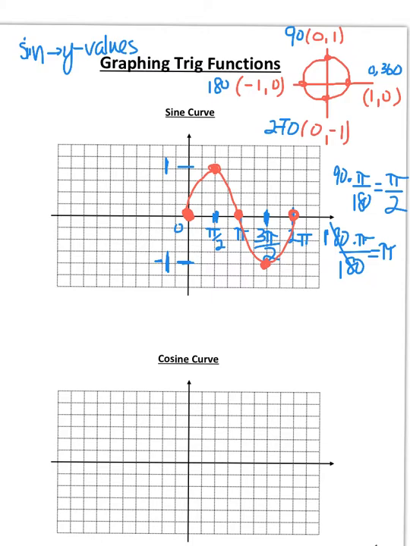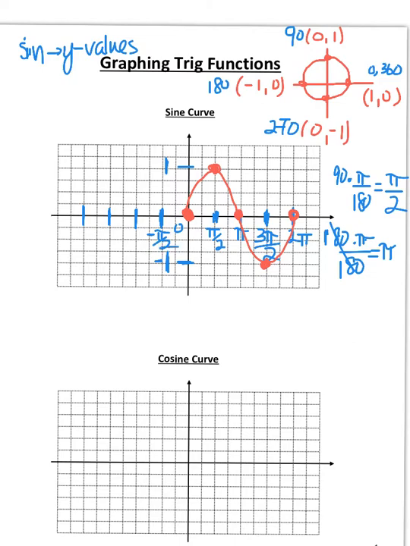But I want you to put this in your notes, do the same thing that we did on the right side of the y-axis, and let's repeat this on the left. Every other box, put a slash. Now, basically, we're just going to be going in the negative direction. So if going to the right two boxes from 0 is pi over 2, going to the left would be negative pi over 2.